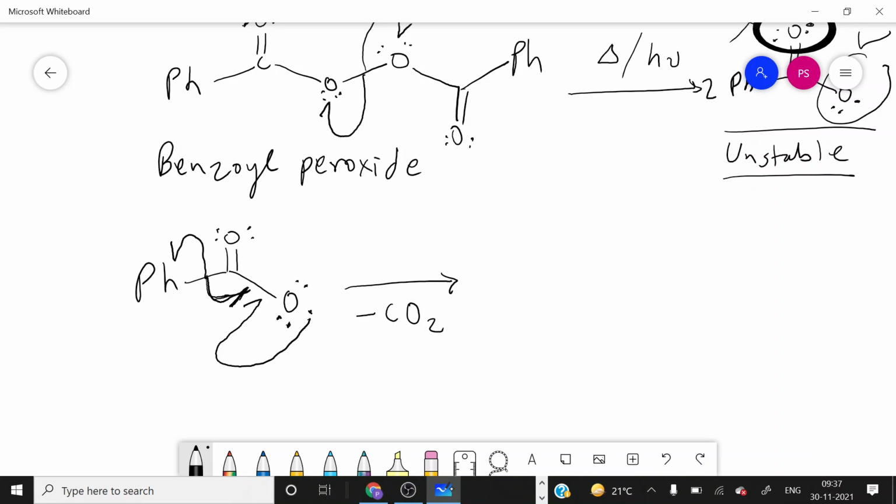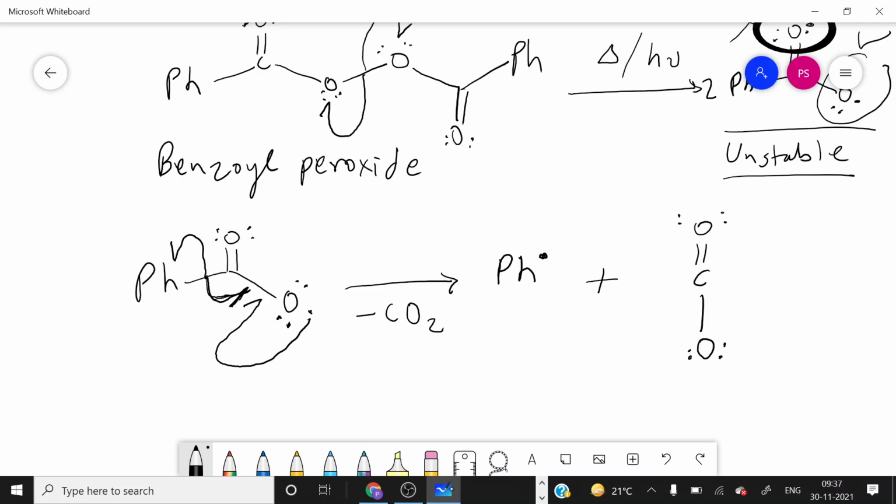Remember that we are looking at homolytic bond breaking and homolytic bond forming. Homolytic involves single electron migration, single electron movement. Now what will happen? I will get here Ph, one electron moves on the phenyl ring, plus carbon double bond oxygen, carbon single bond oxygen.